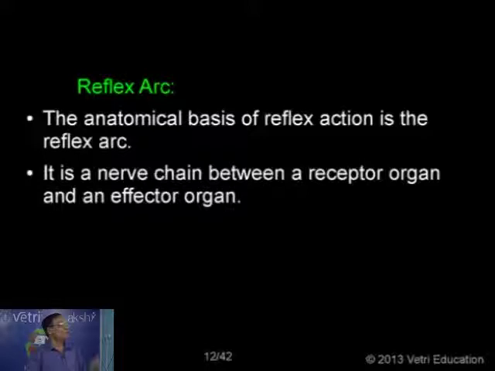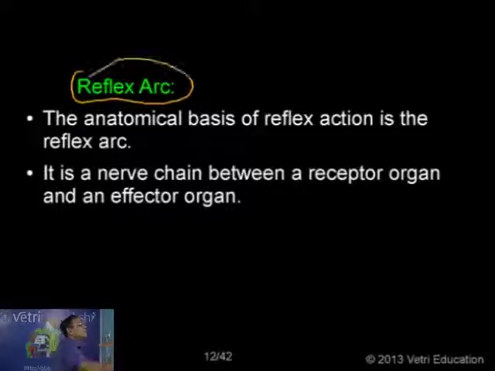For carrying out the reflex activity, we need certain structures. Such an anatomical basis responsible for carrying out the reflex action is called the reflex organ.